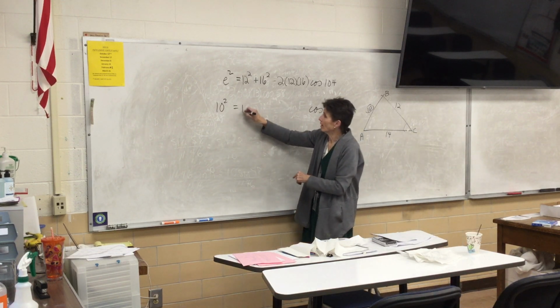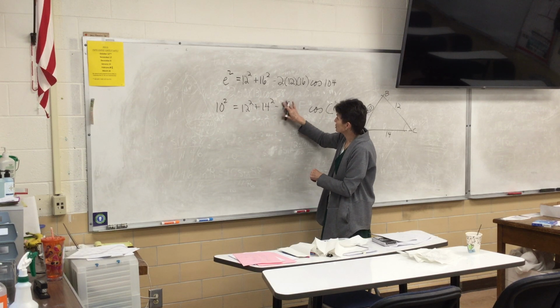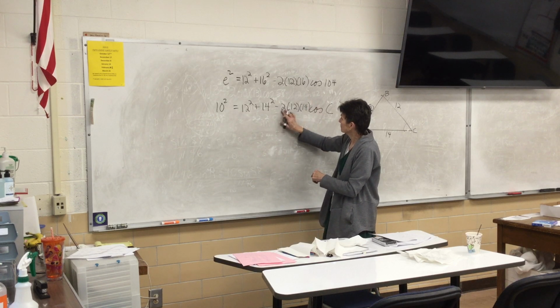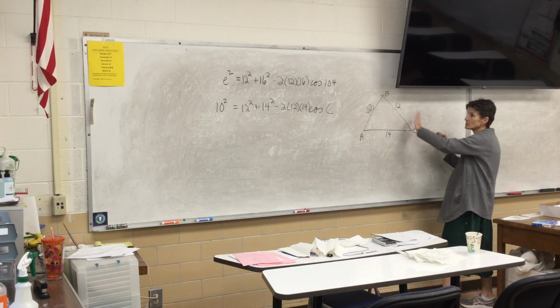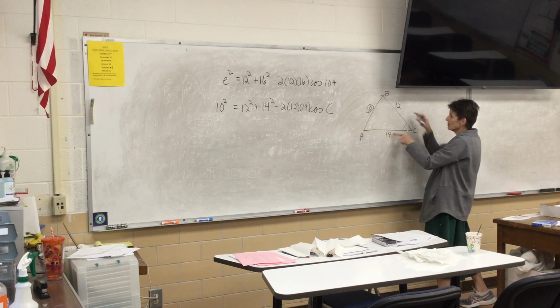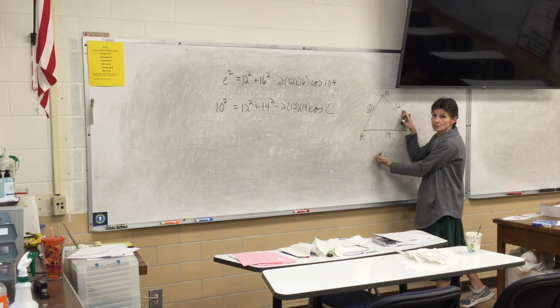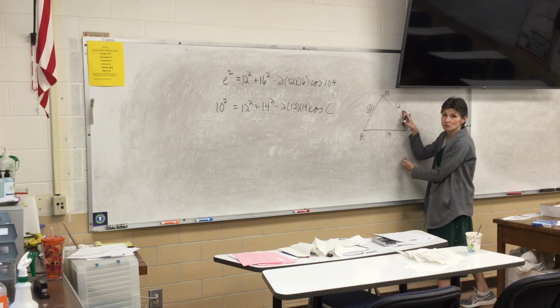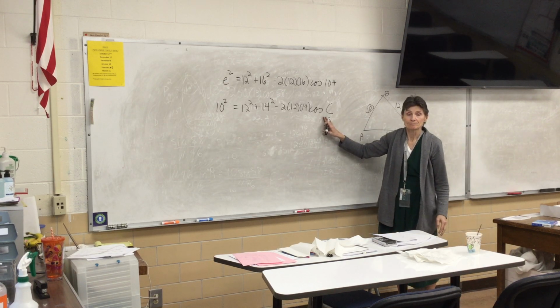So it's going to be 12 squared plus 14 squared minus 2 times 12 times 14. So whatever side is over there, it's done. It's by itself, it's over there. These are the other 2 sides. So in the middle there is side squared plus side squared minus 2 side. And that's what's hooked to the cosine.